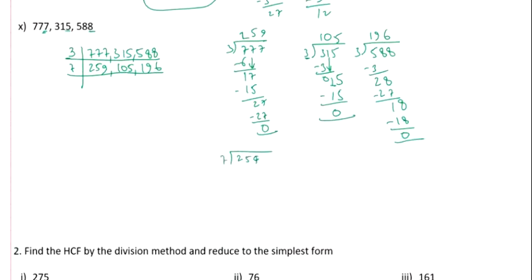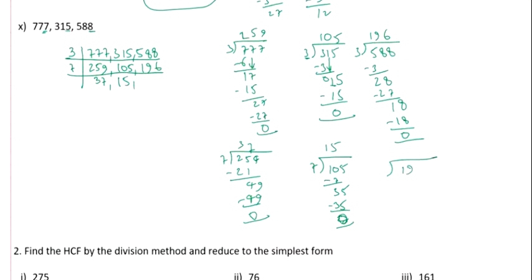Individually, each of these numbers divide by 7. 259 divided by 7, you get 37. So write 7 37s are 259. 105 divided by 7, you get 15. 7 15s are 105.